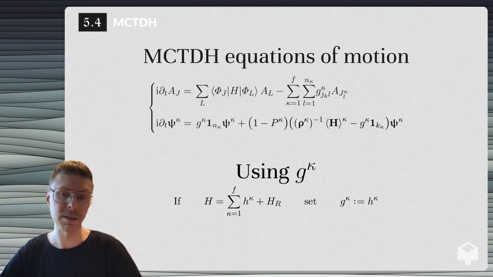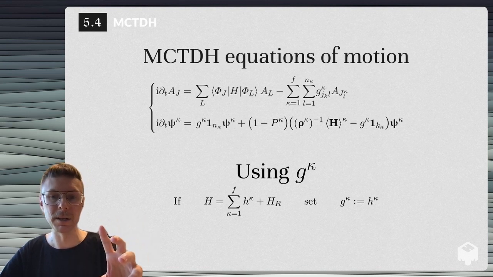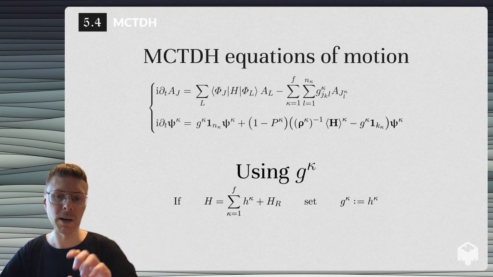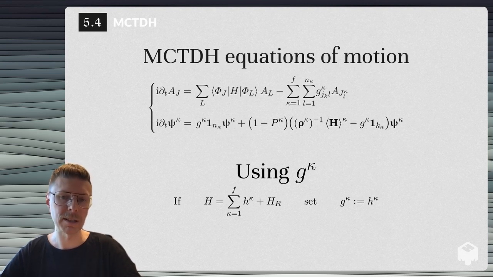So if H equals the main Hamiltonian, and it is of the form of a sum of Hamiltonians for each degree of freedom, so that a part of it only relates to that degree of freedom, which is quite common, and then you have a rest, H_R, any kind of interaction between different degrees of freedom goes into this H_R. Then we have a G kappa, a G matrix for each degree of freedom, and we just define that to be the Hamiltonian for that degree of freedom.